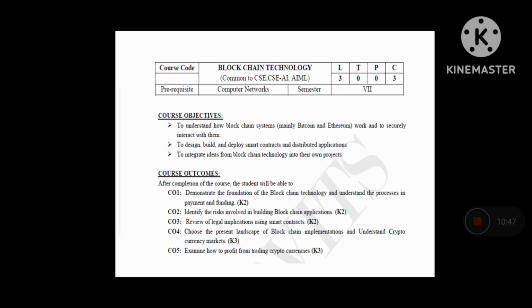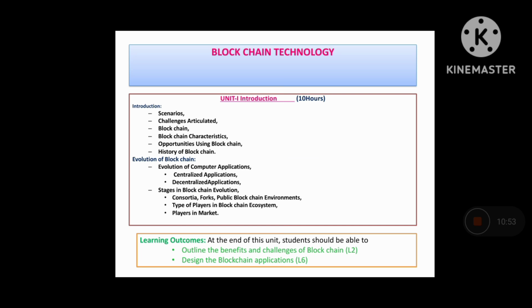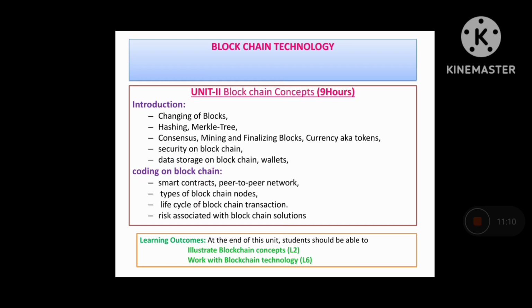So the contents of the course, I mentioned here the course objectives and outcomes, and the content of the first unit. This is only the introduction part: what is meant by blockchain technology and its features, and the history and evolution of blockchain technology. In the second unit, we are going to discuss blockchain concepts.